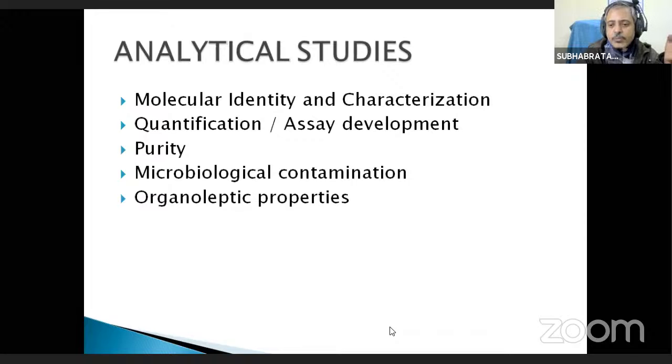Then NMR is there. What are the different types of NMR? For what purpose proton NMR is done, for what purpose carbon NMR is done, for what purpose phosphorus NMR is done. All these in brief you need to know.